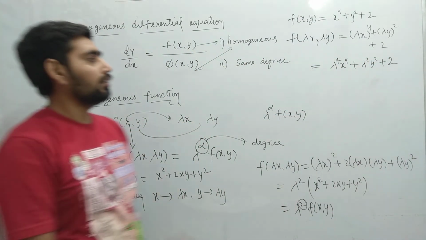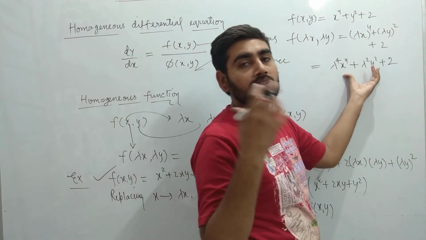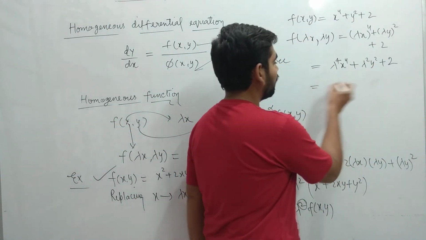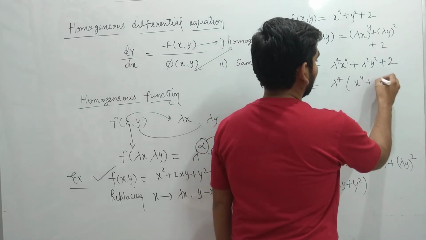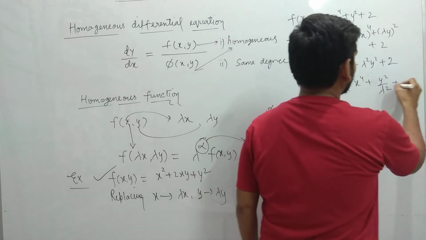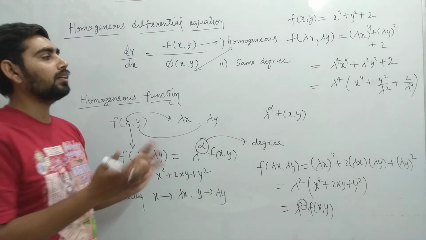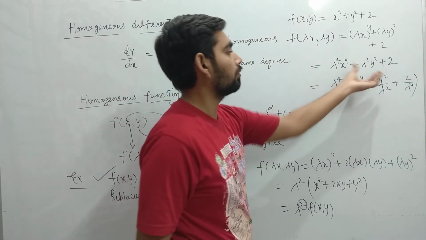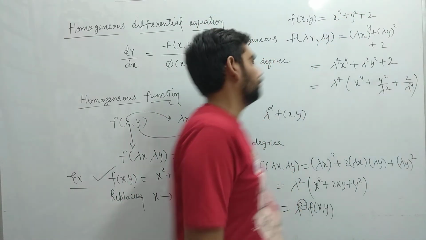We will see that I am not able to separate some power of lambda or all powers of lambda from the function. If I take lambda 4, then I will get y square upon lambda square, lambda is stuck over here, plus 2 over lambda to the power 4. So I am not able to separate all the powers of lambda from the function. So this function is not a homogeneous function.